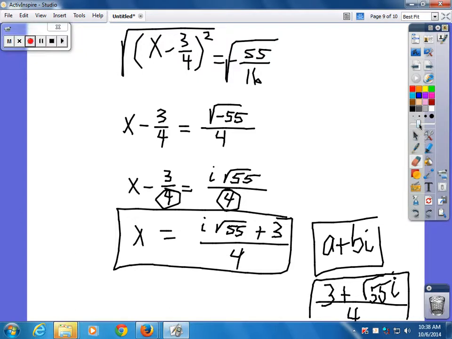Yeah, and that's still in a plus bi form, even though you don't have it behind the b. But when you have a radical, you always want to put a little tag right here, and then you can put the i. Because sometimes the way you write, the i looks like it's under the radical, and some teachers will mark it wrong just to mark it wrong. So you need to be careful when writing it near the radical.